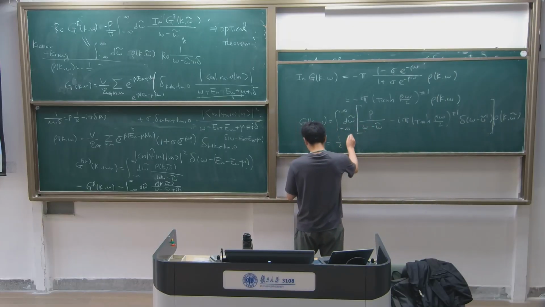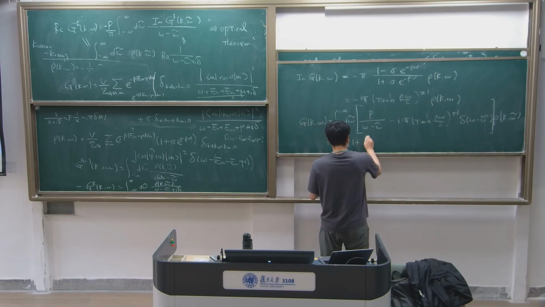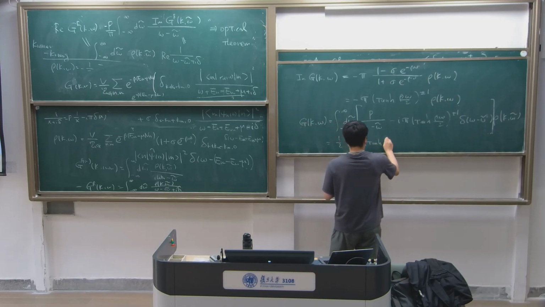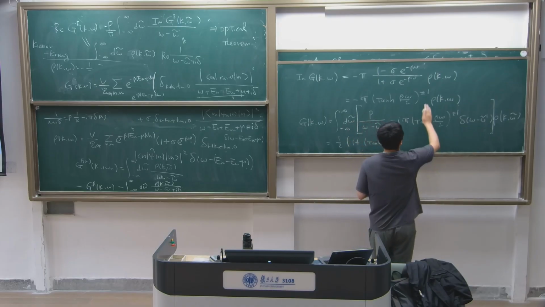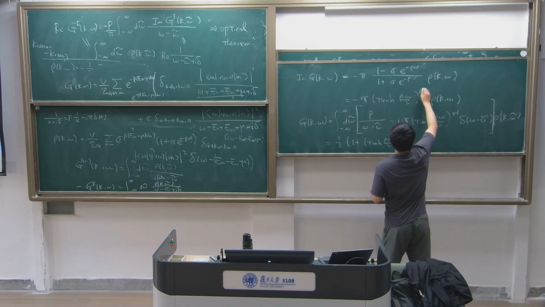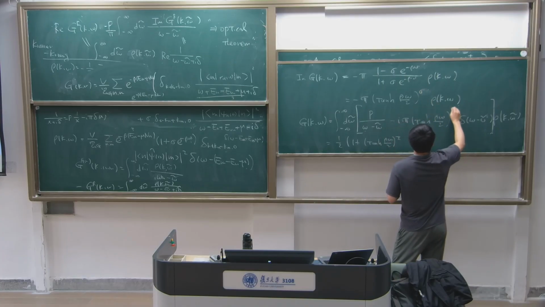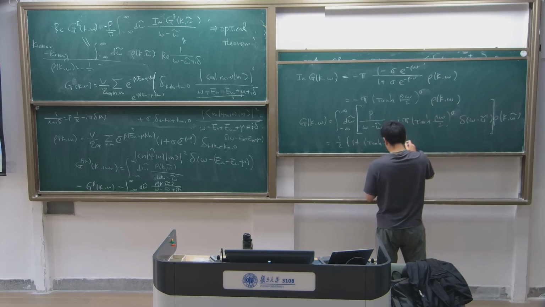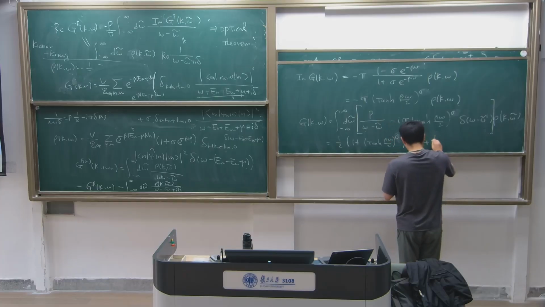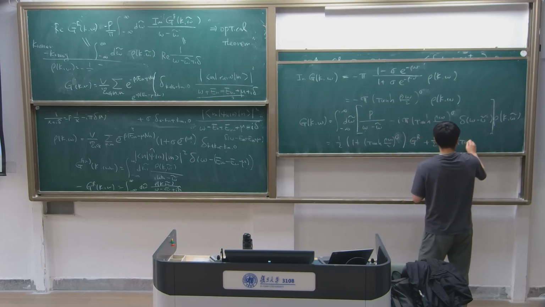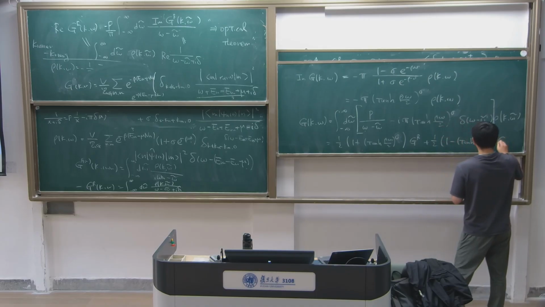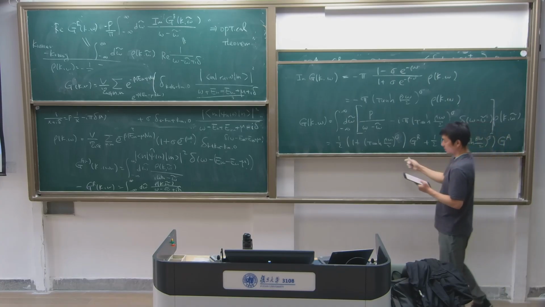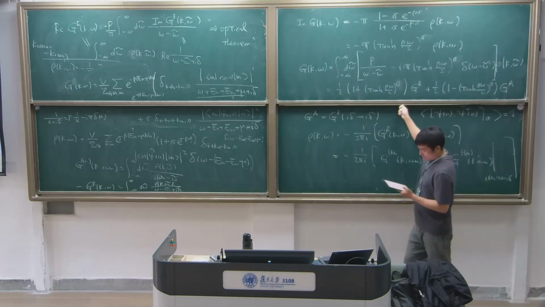And this is equal to 1 plus tangent of beta omega over 2 sigma G R plus 1 minus tangent of beta omega over 2 sigma G A.